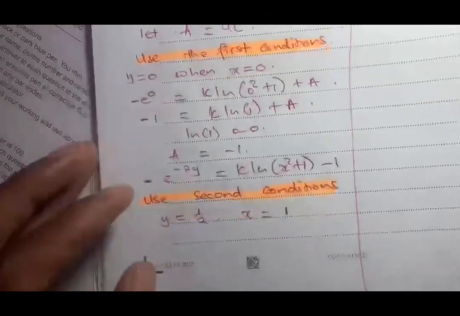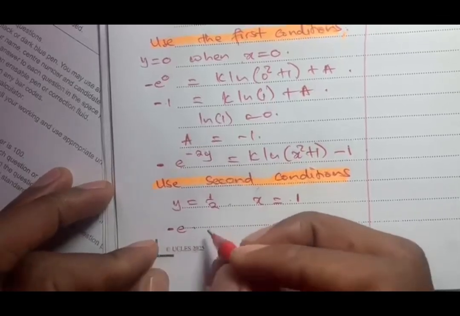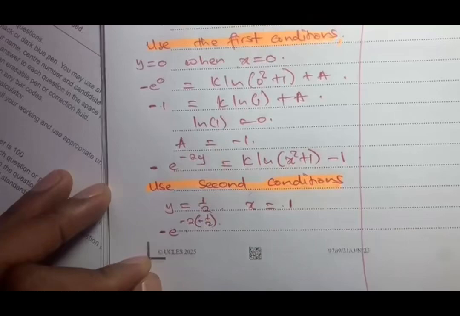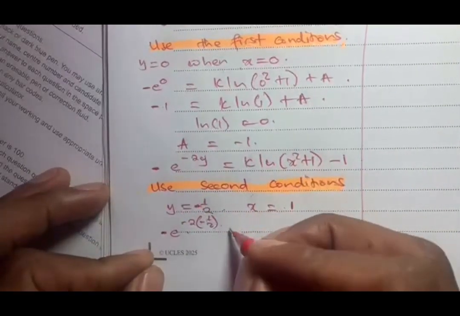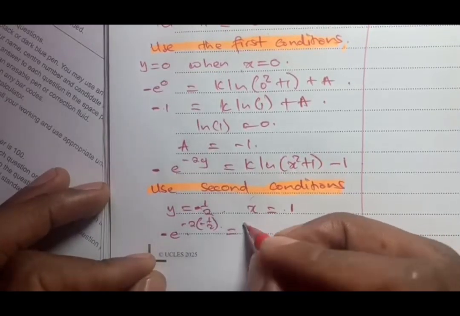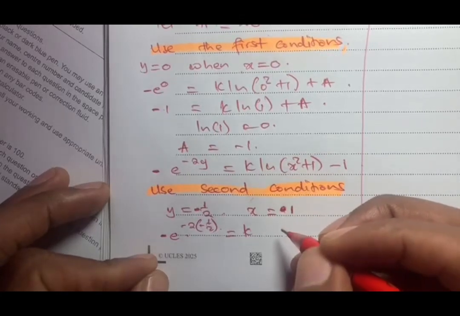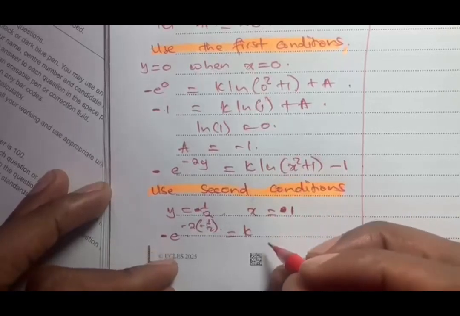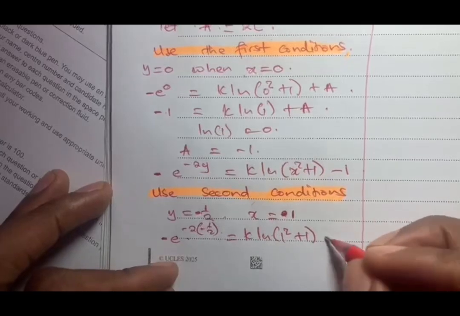Okay, so substituting the second condition, y is equal to minus half here. Then that equals a ln(1² + 1), since x is equivalent to 1, substituting 1 base minus 1.